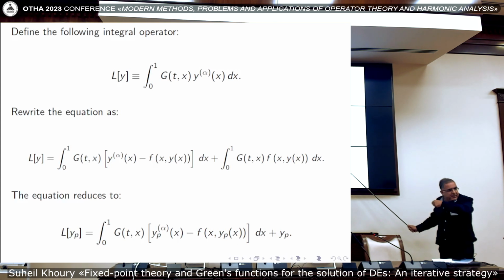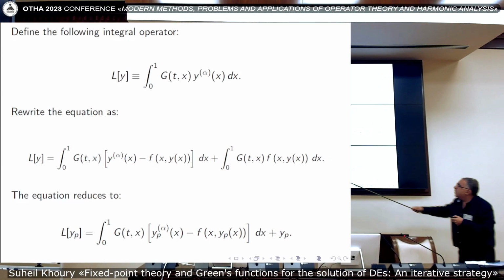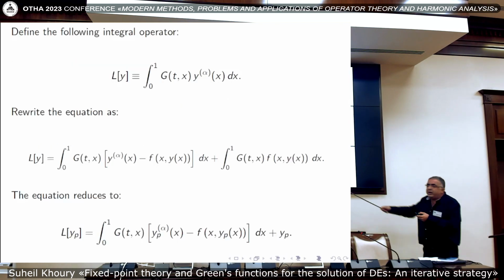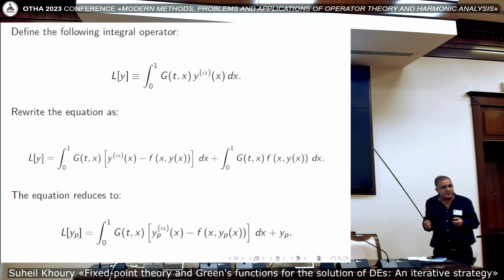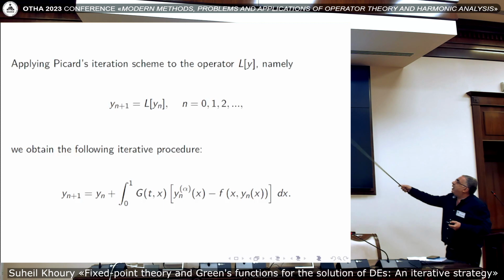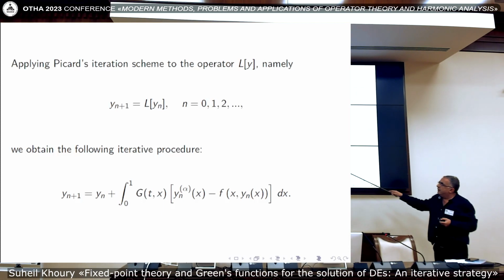There are some other terms outside the integral. So we get this one. Now for this operator here, you can apply any iterative scheme you want, fixed point iterative scheme, and you come up with a numerical method. So here, if you apply Picard, you get this iterative scheme.